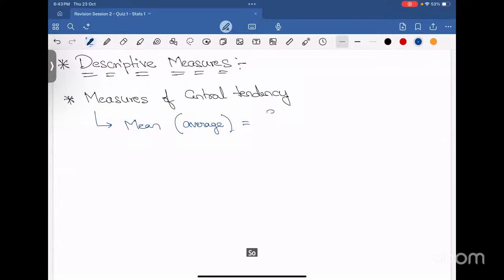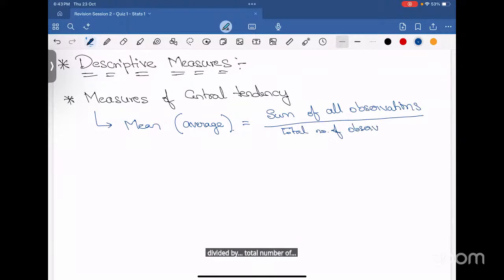So it is simply the sum of all observations divided by the total number of observations. Okay, very easy.